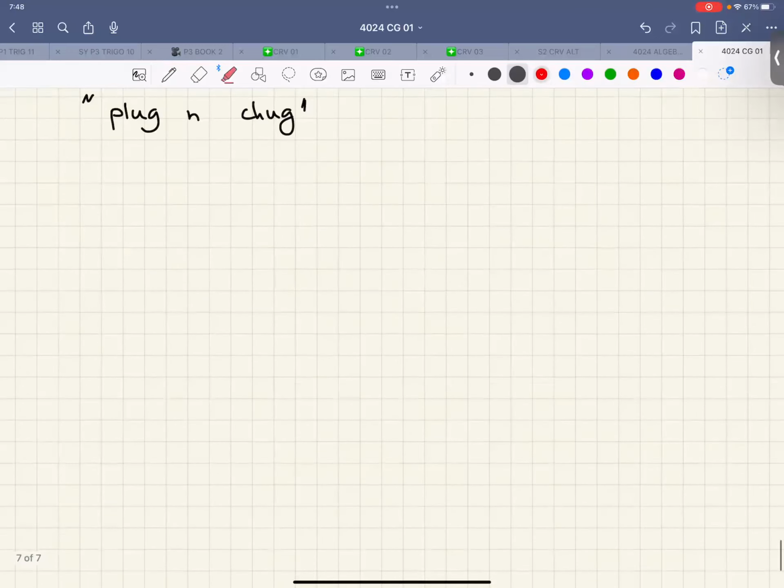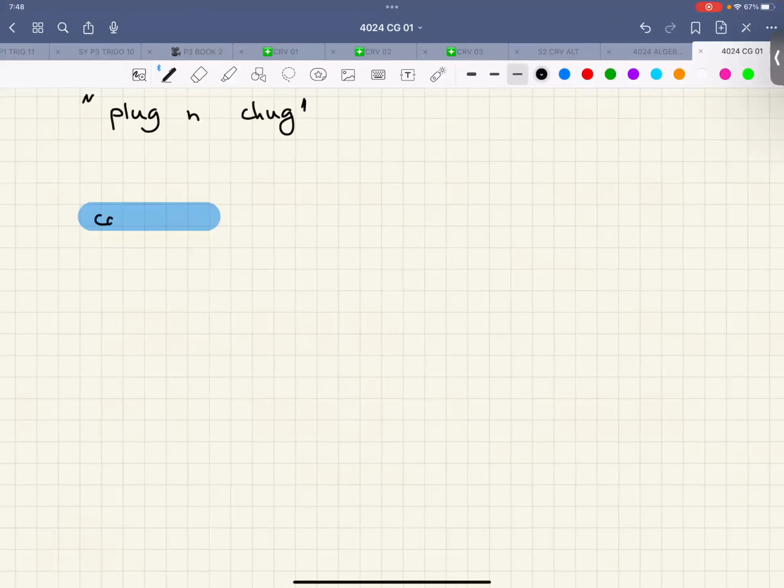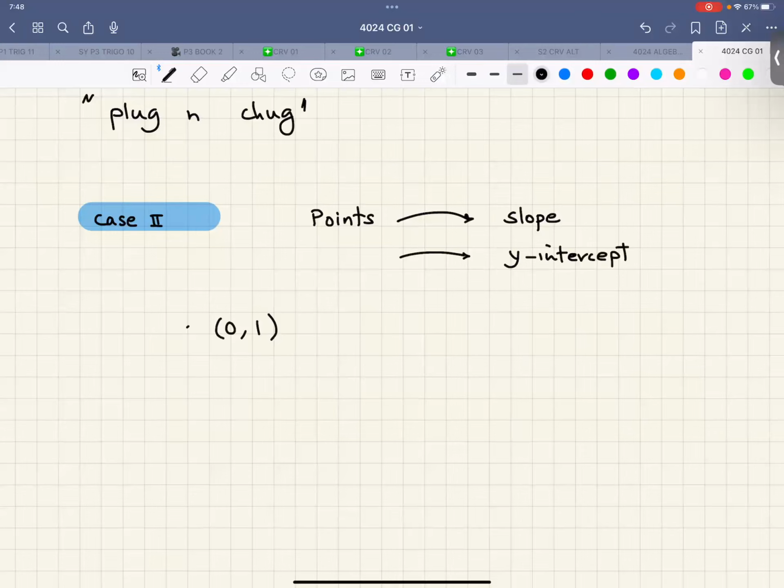Now let's move to case number 2. Case number 2 could be that you are given points, and you find the slope first, and then you find the y-intercept. For example, I have 0, 1, a point A. I have point B, which is 5, 11.